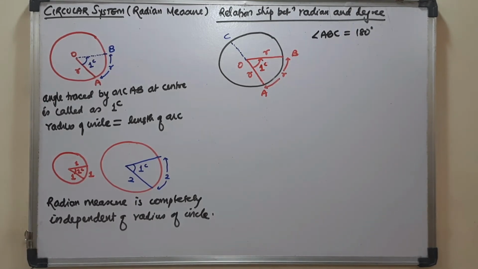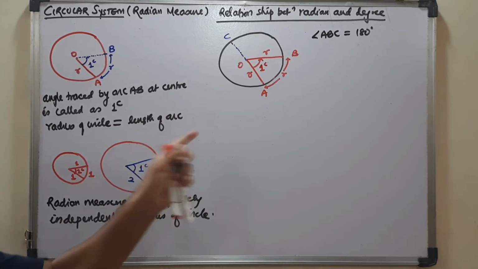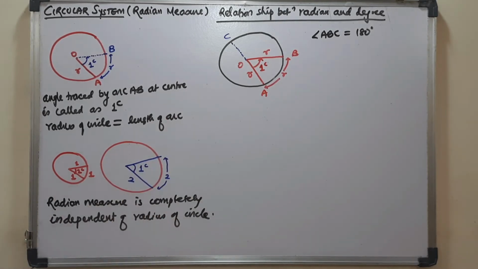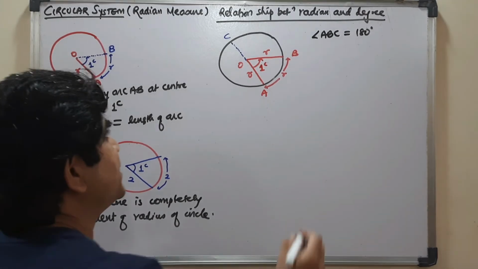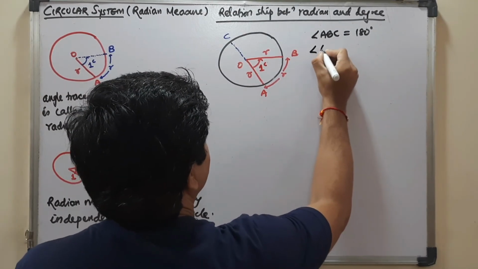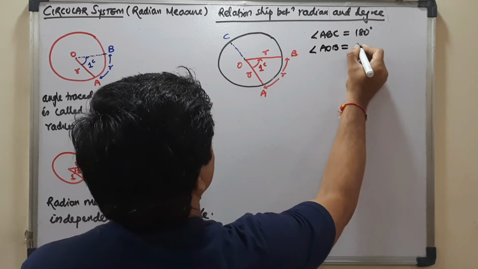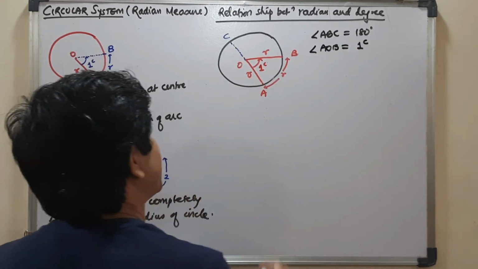And your angle AOB is 1 radian. So let me mention that also: the angle AOB is 1 radian.